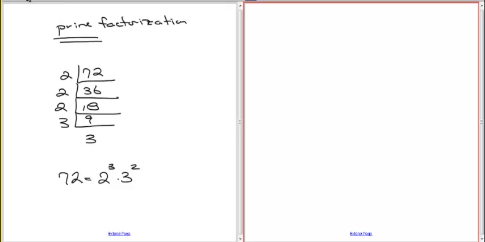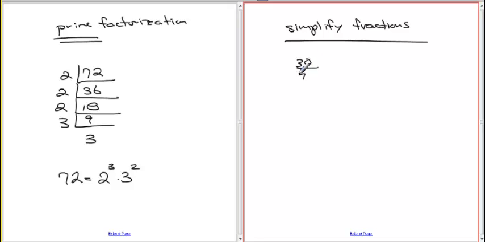Okay, we're almost done. Again, I'm just going to mention what some of these things we've already done before. Simplifying fractions. Actually, simplify rational numbers. So if you have 30 over 72, that's not in its simplest form.